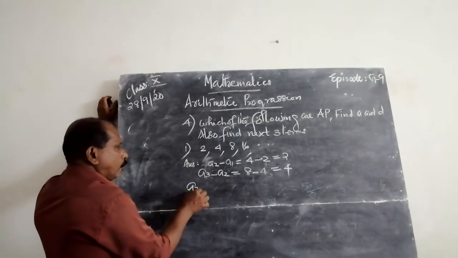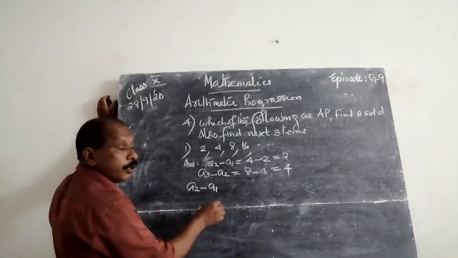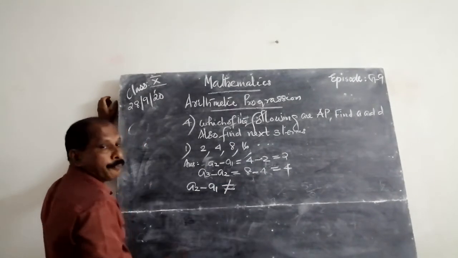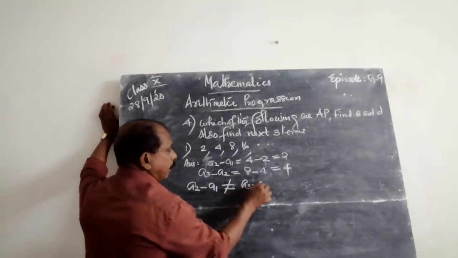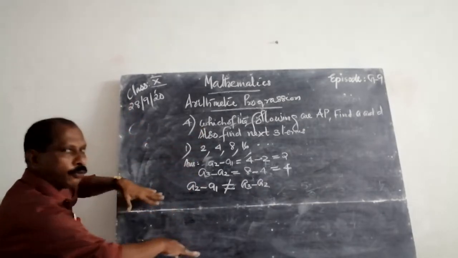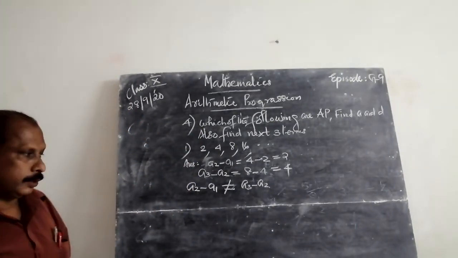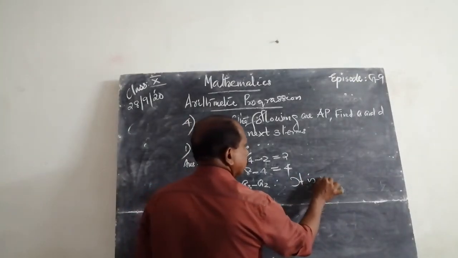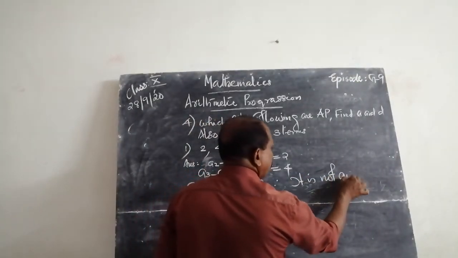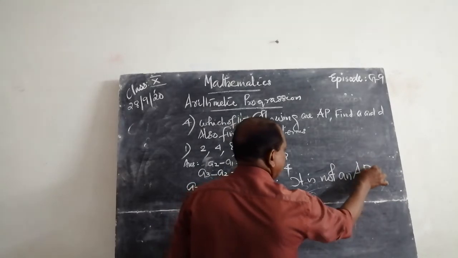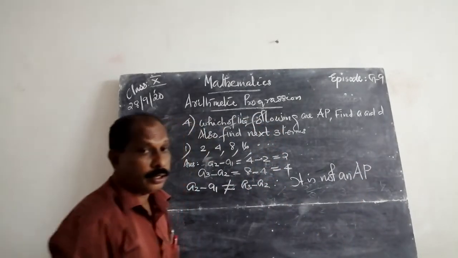Therefore, A2 minus A1 is not equal to A3 minus A2. This is the standard form of that answer. Therefore, it is not an AP. An AP means arithmetic progression.